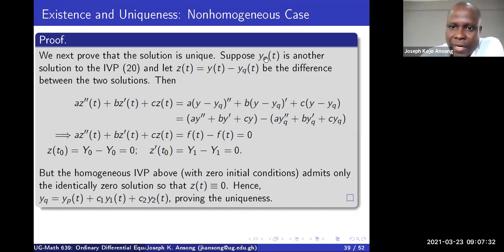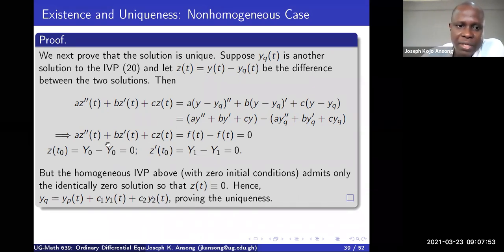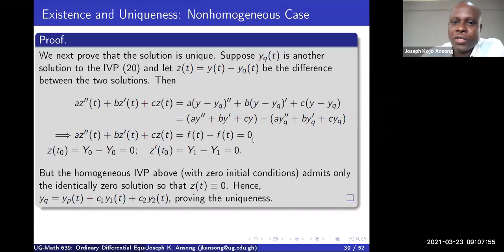But we also said that y_q is a solution to the non-homogeneous equation, which means it satisfies it as well, so this has to be equal to f of t too. So we have f of t minus f of t, which is equal to 0, which means that the function z that governs the difference between the two solutions actually satisfies a homogeneous equation.